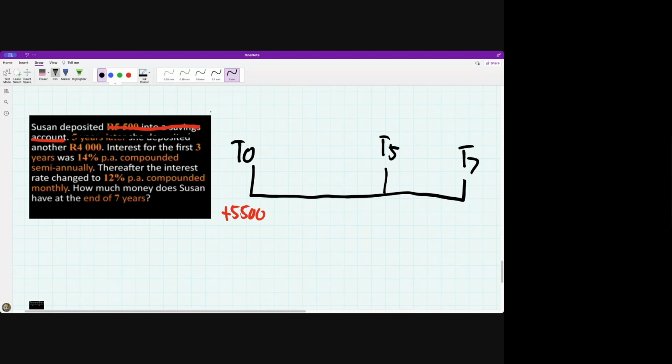Oh, okay, so the first 3 years, T3. Thereafter, it changed to something else. Okay. Now, what I'm going to say is that T0, T3, and T7 are important, but T5 is also important because at T5, something happened there. Give me a thumbs up if you're okay with my timeline so far.